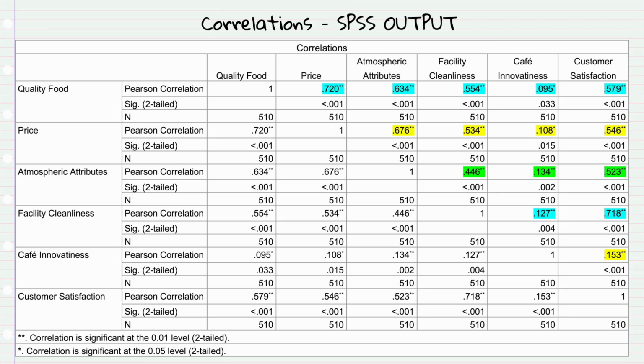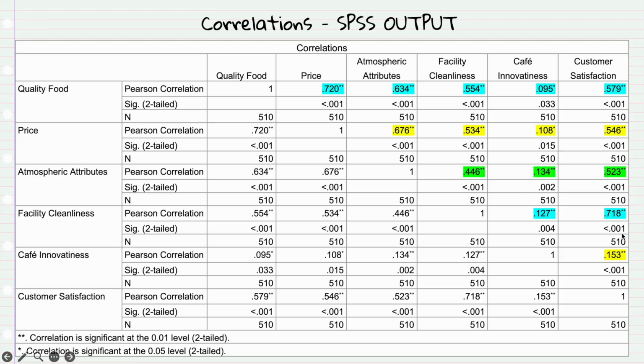Here, the first thing I want you to notice is the Pearson correlation coefficient, or R. For example, if we look at facility cleanliness and customer satisfaction, we see that the R value is 0.718 and P less than 0.001.